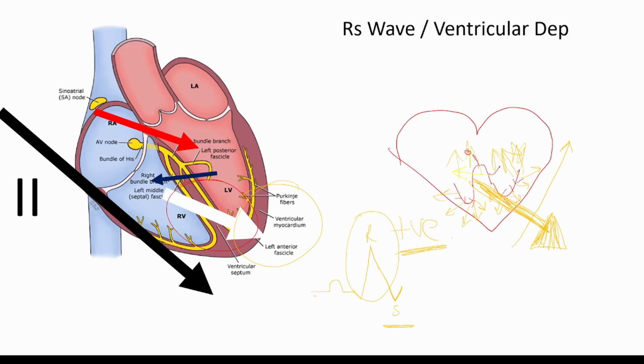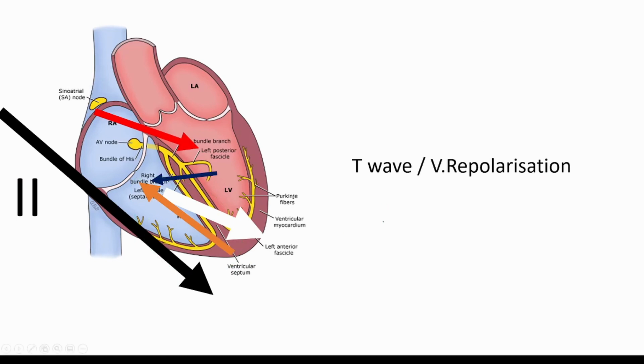And so in perspective to lead 2, it is going in the opposite direction. And because it's going in the opposite direction, that is why we have a negative deflection in our S wave. And finally, we have our T wave, or ventricular repolarization.